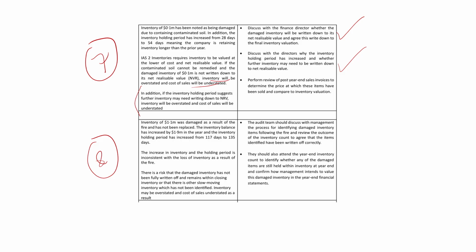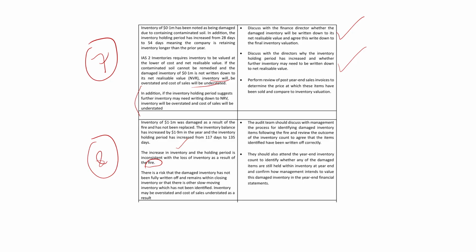Again, similar to what we've done, pretty much repeating the same concept. This was damaged as a result of the fire. The balance has increased by 1.9 million and the days have gone up from 117 to 135. I am now concerned about a number of things. If your inventory was damaged as a result of the fire, how come your inventory balance has increased?